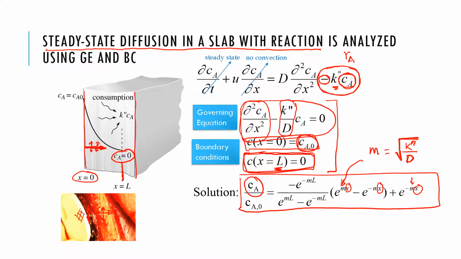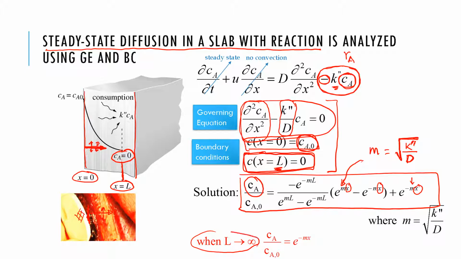From this solution, this is a general solution where concentration is 0 at x equal to L. We can easily show that if L goes to infinity, which just means it's a very thick domain, then this term basically drops out, and our solution becomes simply an exponential decay.